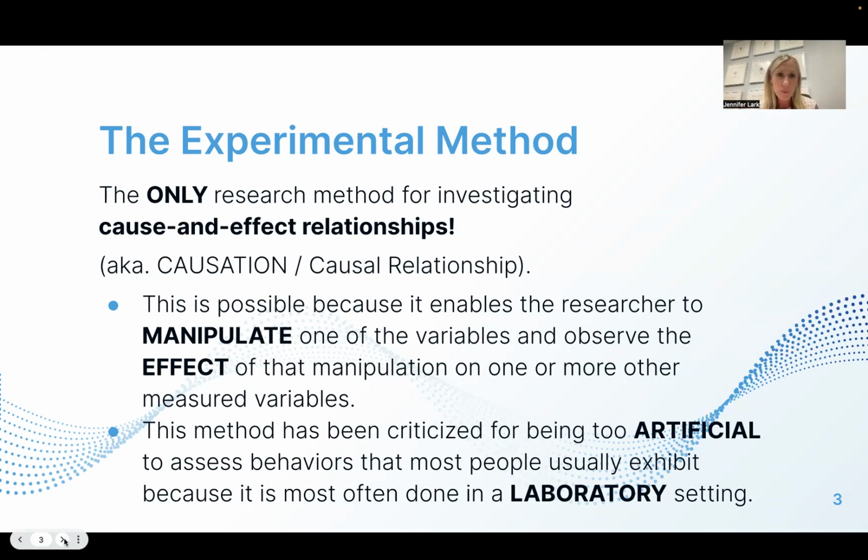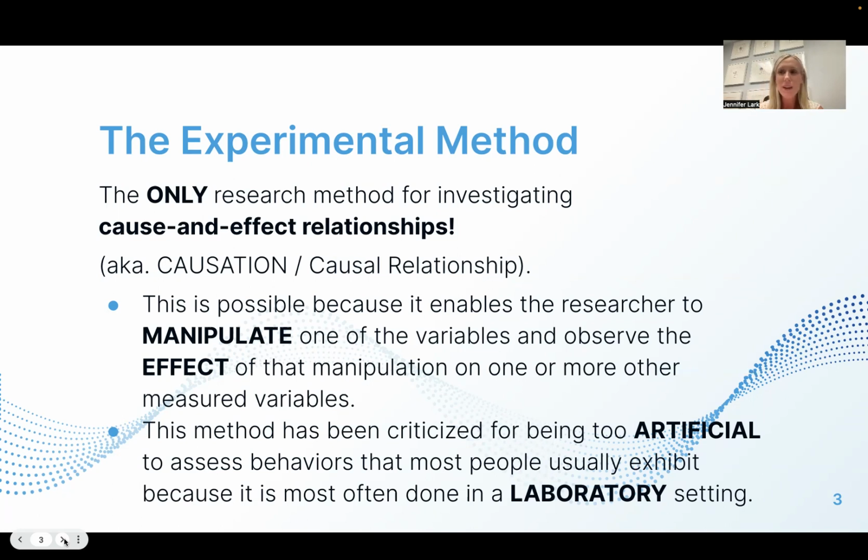Okay, we talked about some pros and cons of each method in class last time. The one con about the experimental method is that it's criticized for being too artificial to assess a lot of behaviors that most people usually exhibit in life because it's impossible to replicate real life exactly in a lab setting. So, for instance, last time when we talked about naturalistic observation, we said that if I want to observe how preschool children actually make friends with each other, I'm going to go to a real setting where they actually do such things.